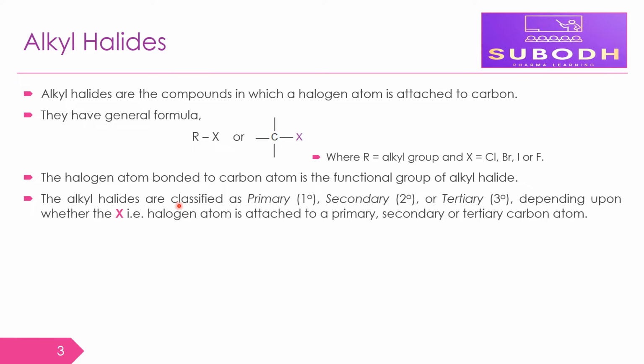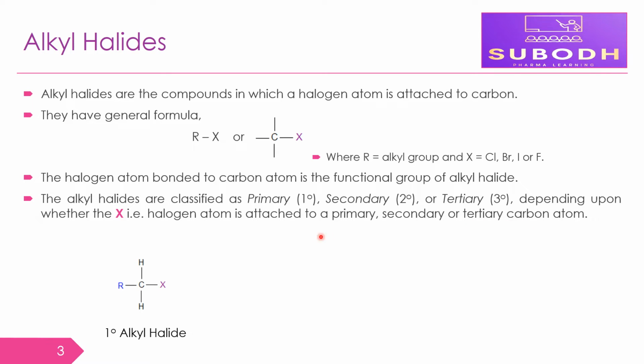The alkyl halides are classified as primary, secondary, or tertiary alkyl halides depending upon whether the X, that is, the halogen atom, is attached to a primary, secondary, or tertiary carbon atom.